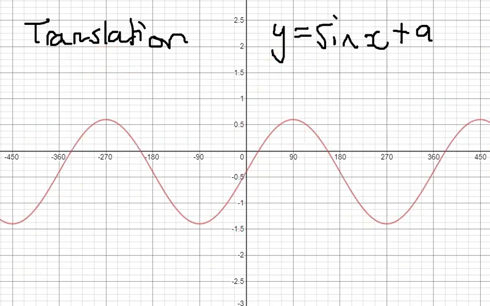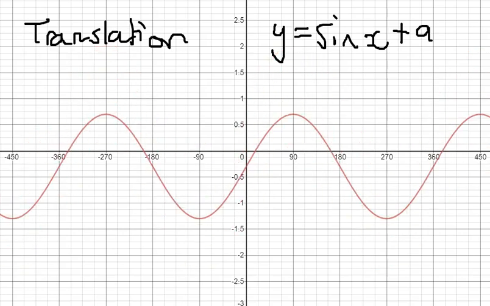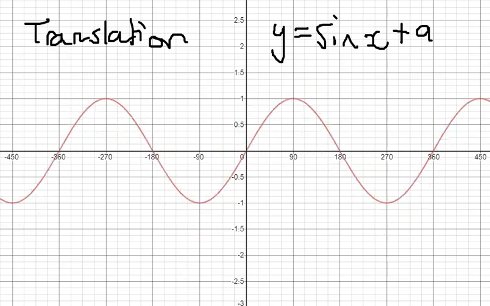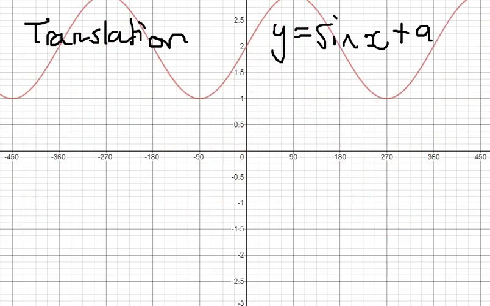So if we've got 0, there's 0. If I add a positive amount, so 2, then it shifts the whole graph up. It just literally pushes it up. Whatever the answer is, just add 2. So it increases the y value by 2, because that's it. You just work out the value, add 2, it's just going to increase the y value.